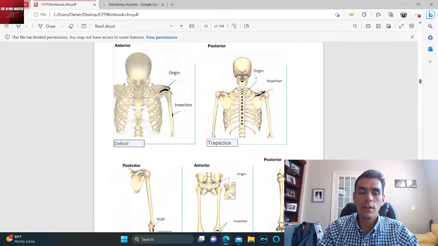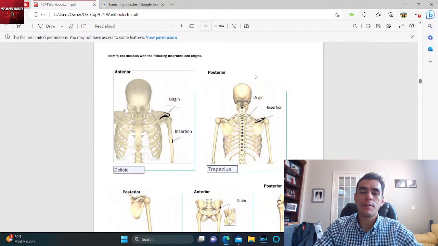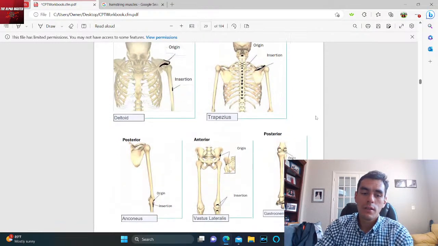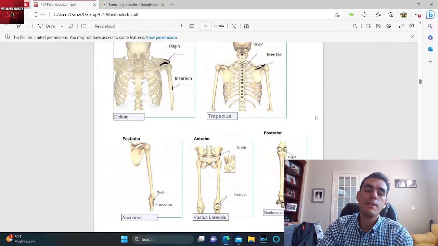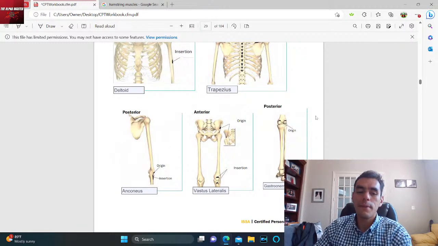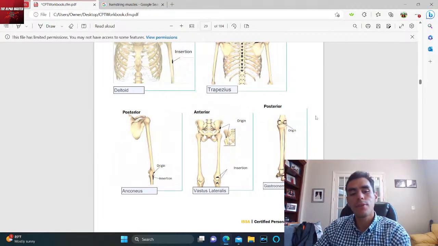So again, the deltoid, the origin and the insertion. The trapezius, the origin is the vertebra, the insertion is the clavicle. Then the anconeus, the origin is on the femur, and the insertion is in the tibia section of the leg. That's the anconeus muscle for the posterior side.